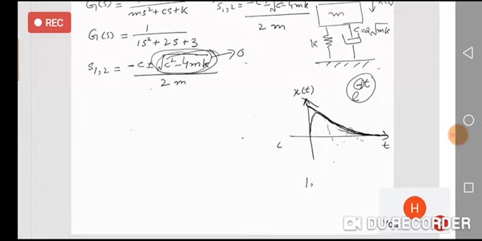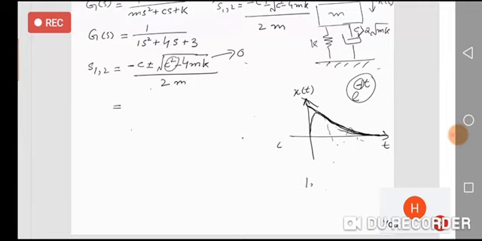So we increase the C value to greater than the CC value. That means if I increase the C value such that C square is greater than 4mk. For example, let's say I use 4 here.